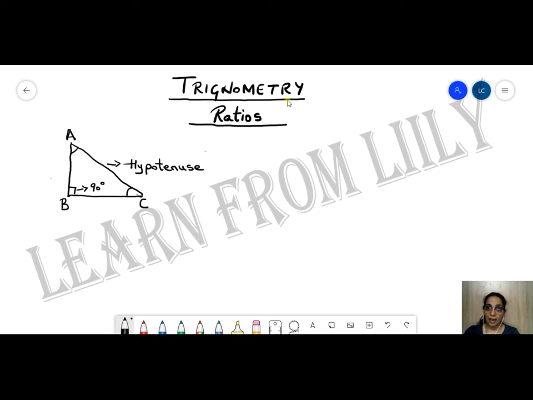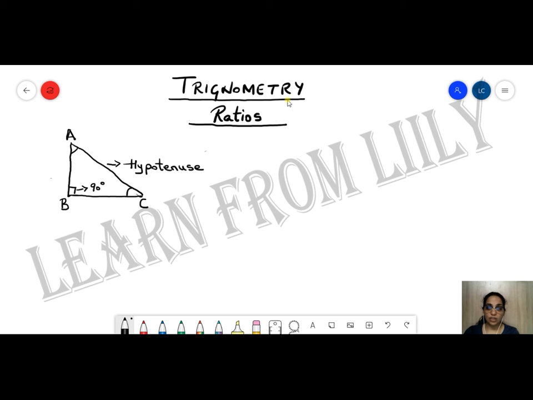Now coming back to this triangle where I am saying that the angle B is right angled, so ABC is a right angled triangle. Now if I talk of angle A, first leave angle C alone, I am not considering angle C just now. So I am just talking of angle A. In my angle A, which will be the side opposite to angle A?